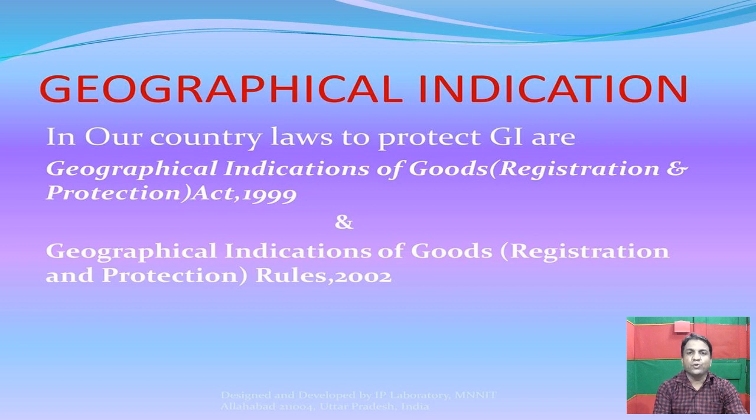The present geographical indication is governed by the Act of 1999 and the Rules of 2002, which are implemented in India to provide some rights towards particular areas, producers or manufacturers.